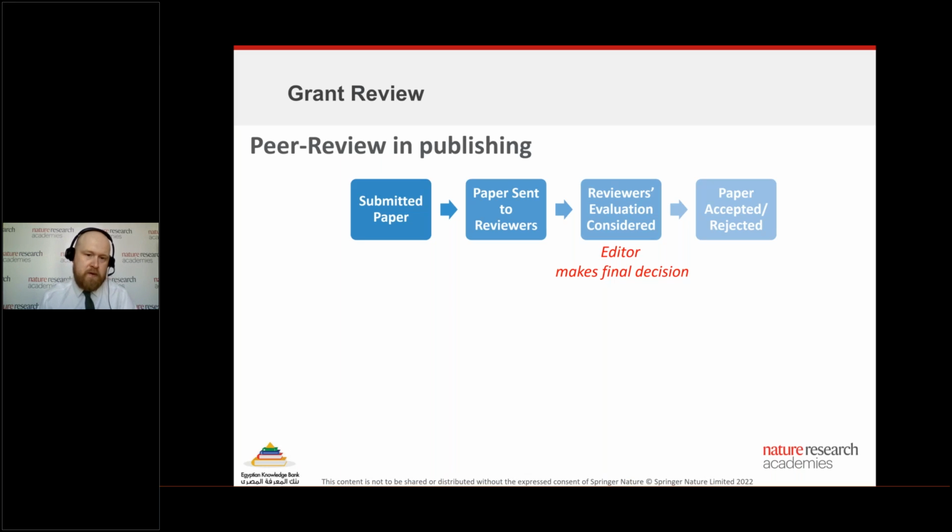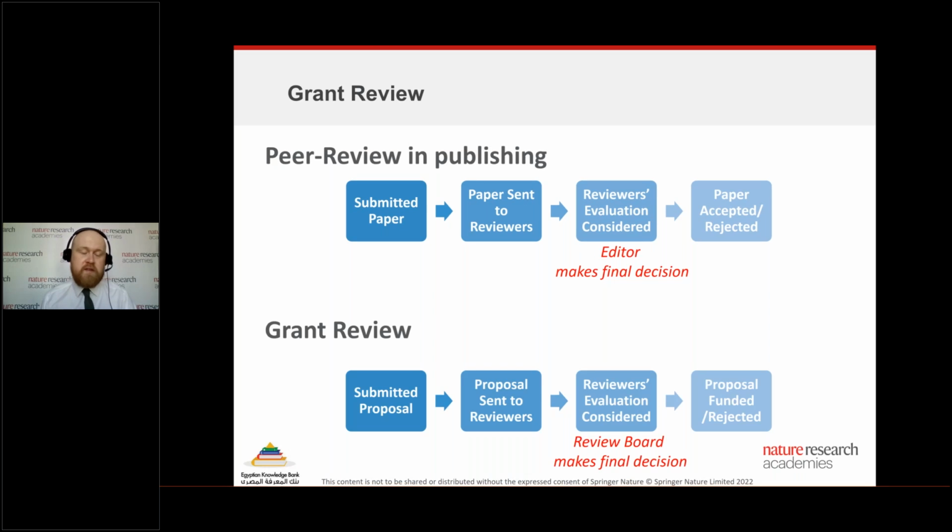The paper is sent to peer reviewers who evaluate the manuscript, and then they will provide a recommendation to the journal editor. The editor will then make the final decision. The paper will then either be accepted or rejected. Okay, so that's the typical peer review process.